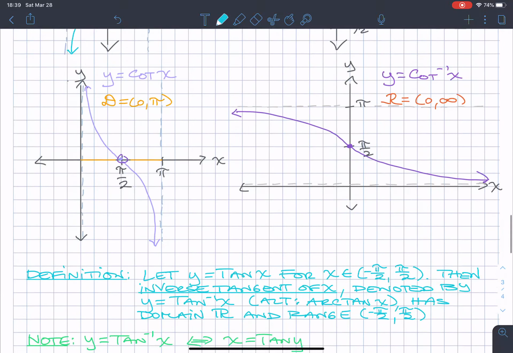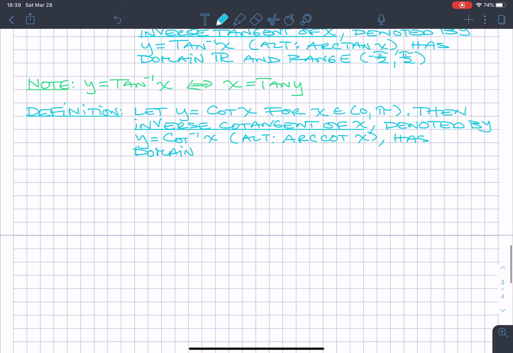Now once again, domain is all real numbers for inverse cotangent, all real numbers, and range. So the range should be the restricted domain of the original function from 0 to pi, non-inclusive.